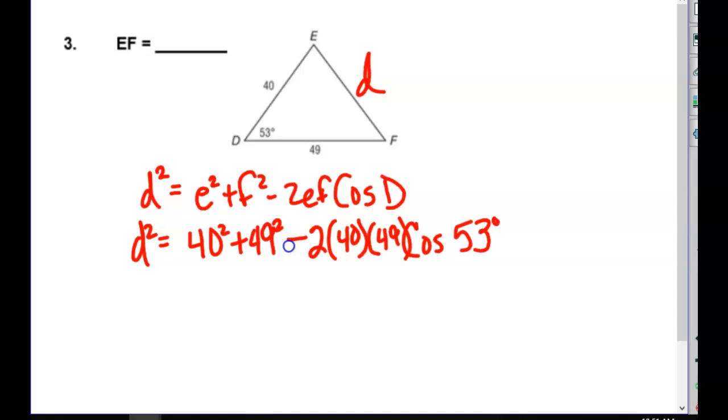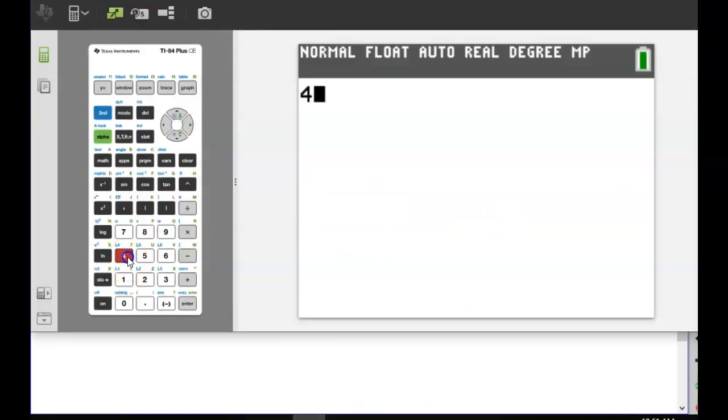Remember, you have to have law of cosines memorized as well as law of sines. All right, this one, I would type it all in at once, very carefully. 40 squared plus 49 squared minus 2 times 40 times 49 times the cosine of, what was the angle, guys?